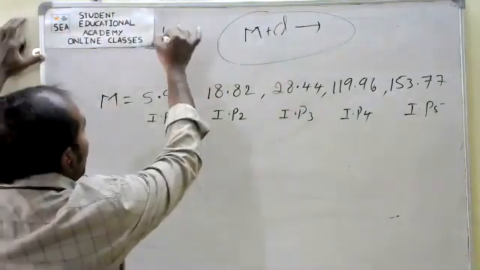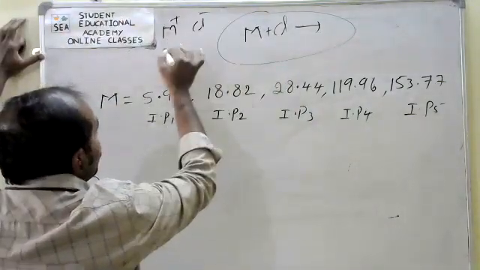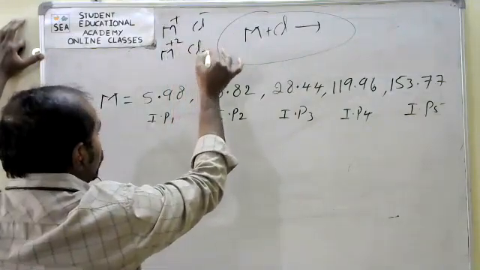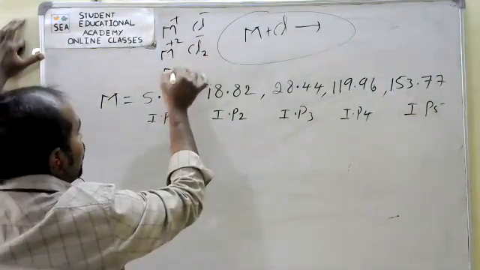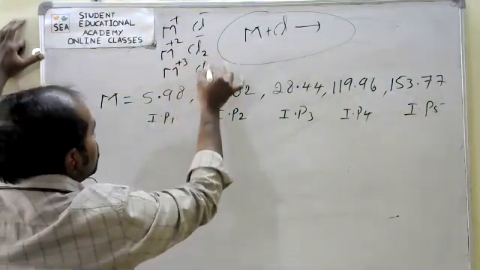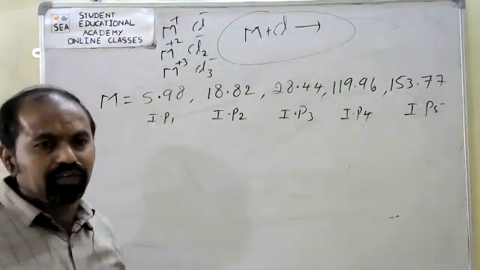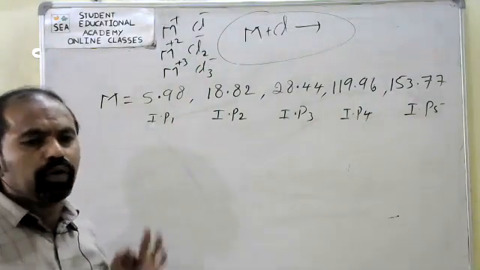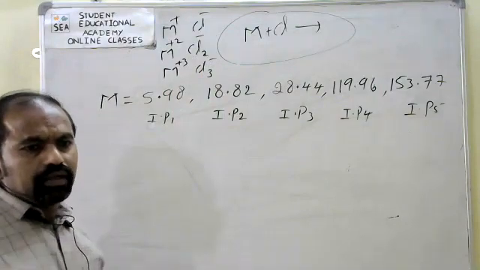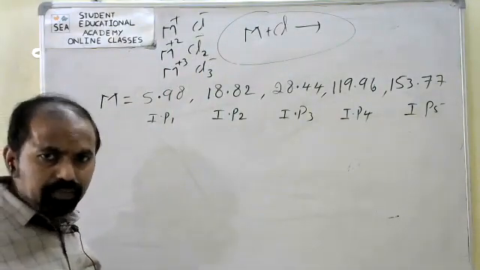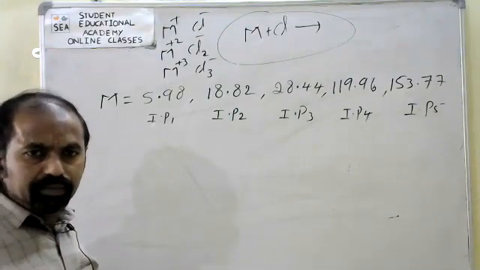If the metal valency is 1, one chlorine is required. If the metal valency is 2, 2 chlorines are required, 2 into minus 1, minus 2. If the metal valency is 3, 3 chlorines are required. So here, how to know the valency? First of all, which group is it? Which state is it stable in? +1 state stable, +2 state stable, +3 stable, +4 stable.